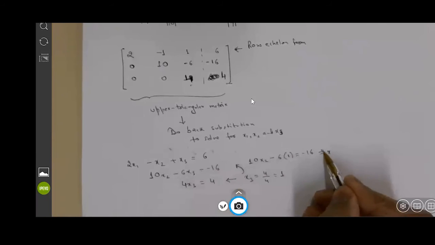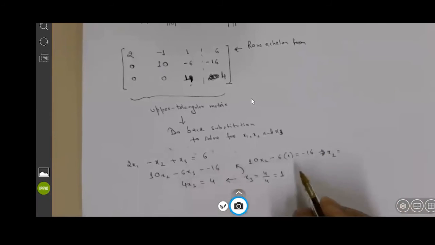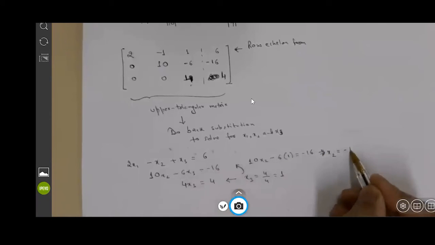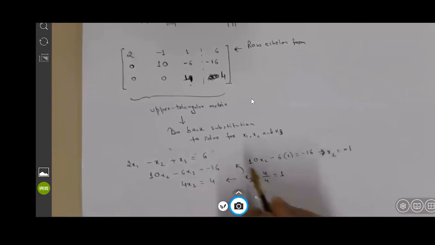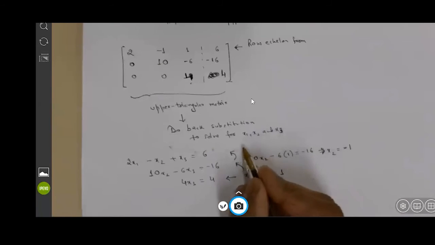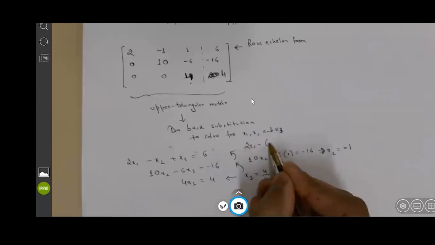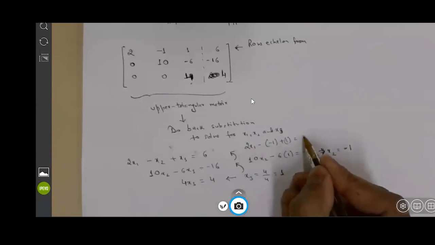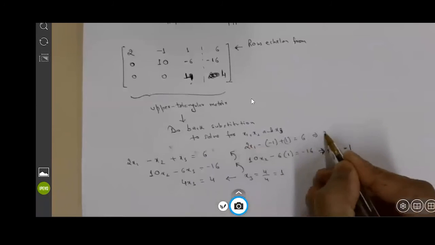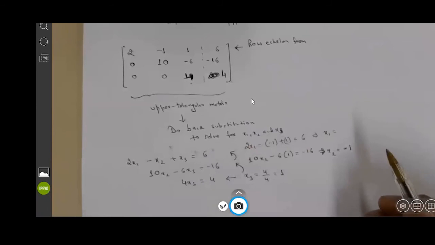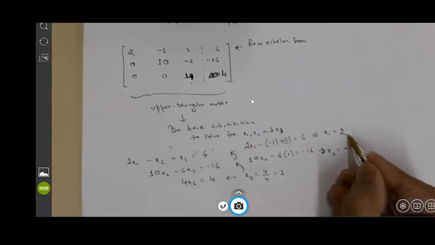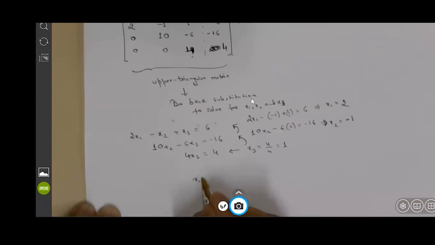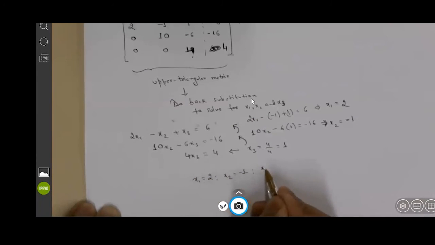That will give me x2 as negative 1. And then you substitute x3 and x2 values in the first equation, you will get 2x1 minus 1 plus 1 equals 6. That will give me x1 as 2. So basically you are getting x1 equals 2, x2 equals negative 1, and x3 equals 1.